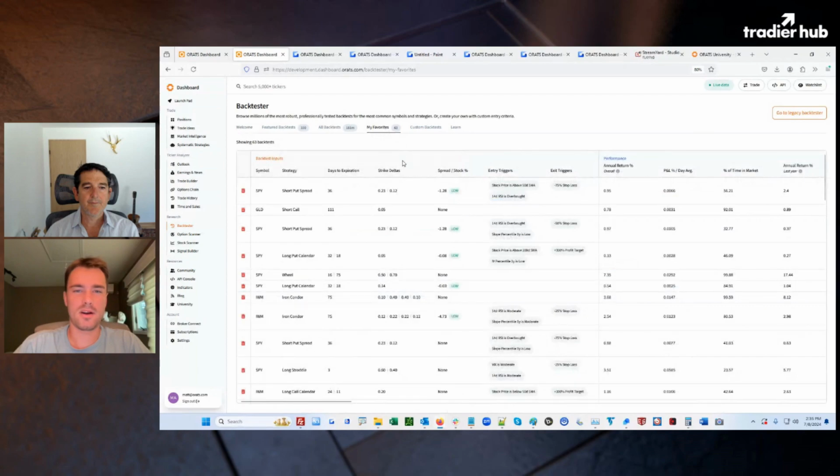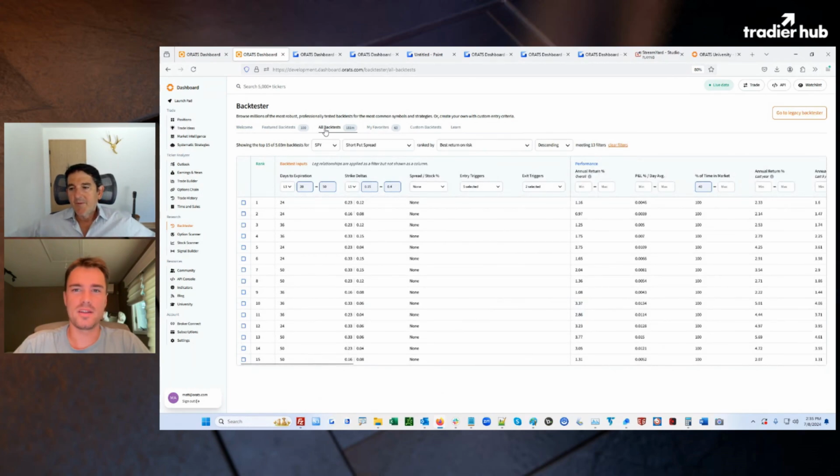So you can compare all these different types of strategies for many different symbols. So it's a really powerful tool to find the right strategy for your portfolio. And just like Matt's saying, a short put has a lot of downside risk. Do you really need that downside risk, or can you find a spread that accomplishes the same goal without the risk?